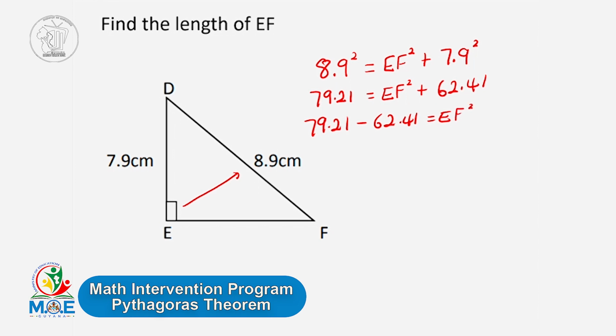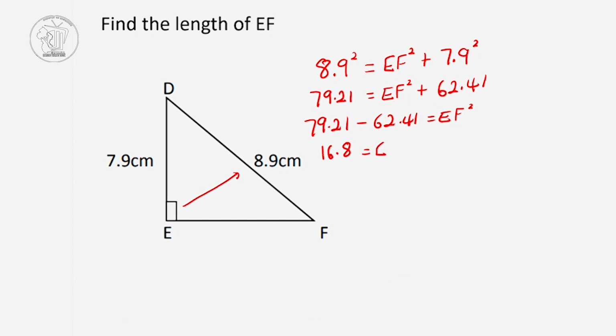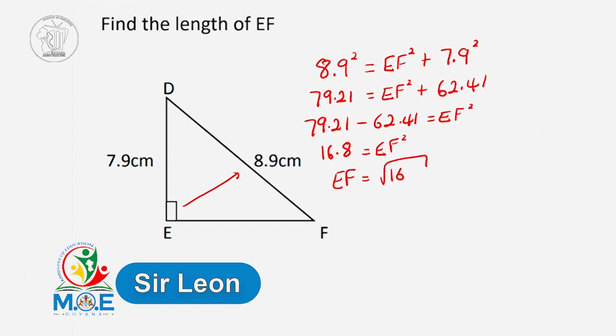When we subtract those two values, we have 16.8, and that is equal to EF squared. So we take over the square to become the square root, and EF is equal to the square root of 16.8. I just switched sides, but it doesn't matter.